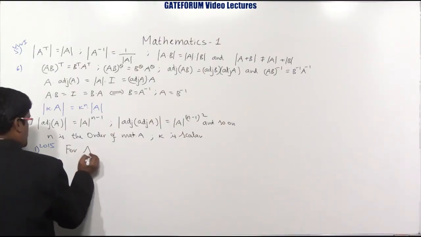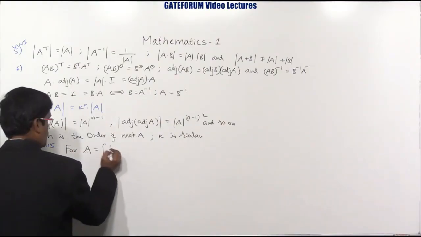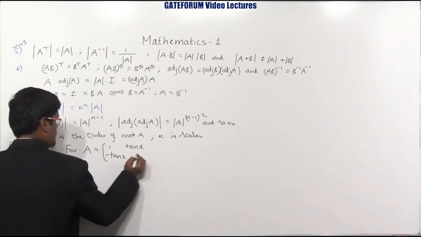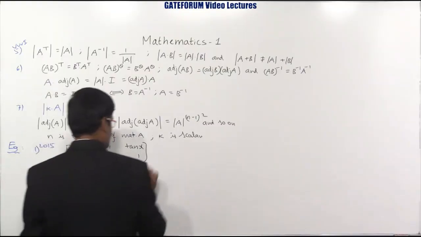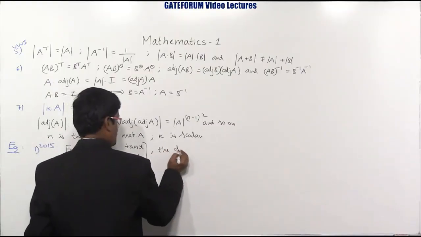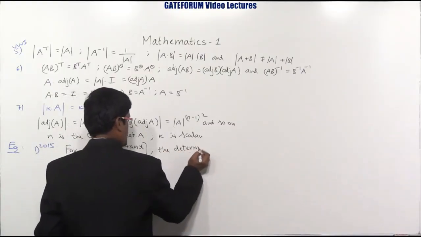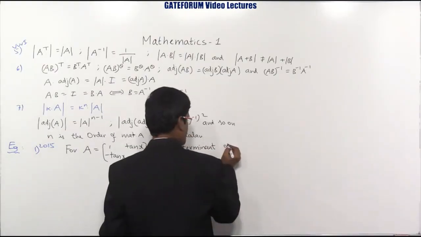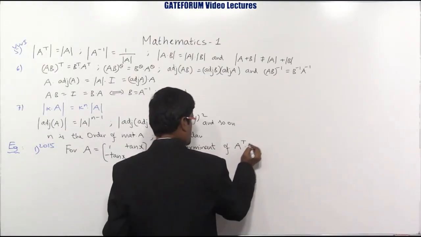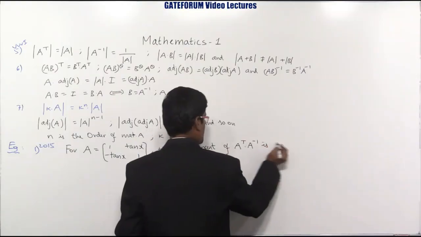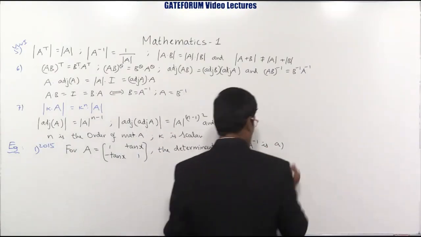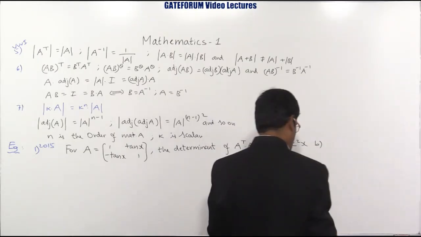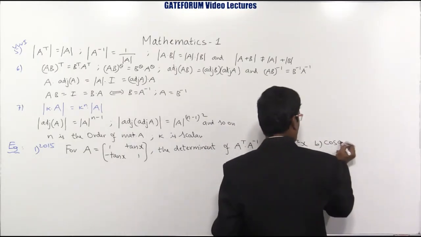For A is equal to the matrix [1, tan x; minus tan x, 1], the determinant of A transpose into A inverse is: option A, secant square x; option B, cos 4x; option C, 1; option D, 0.